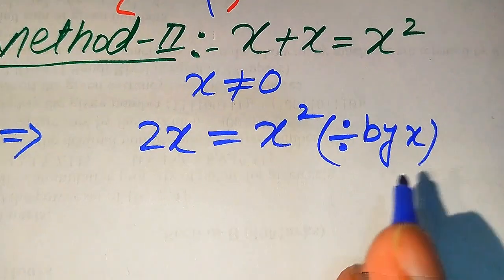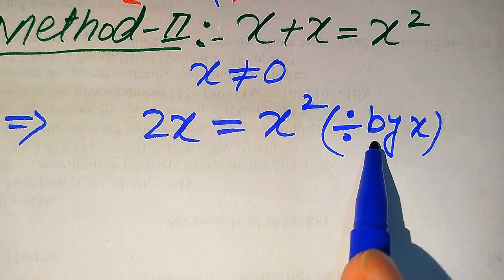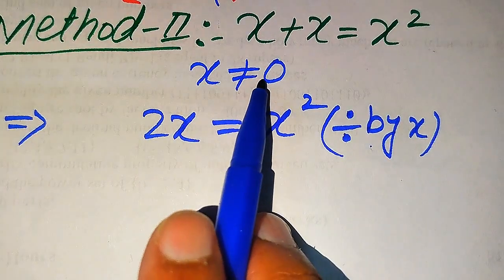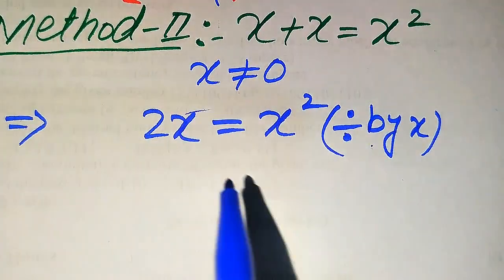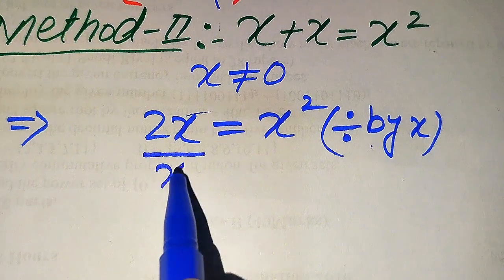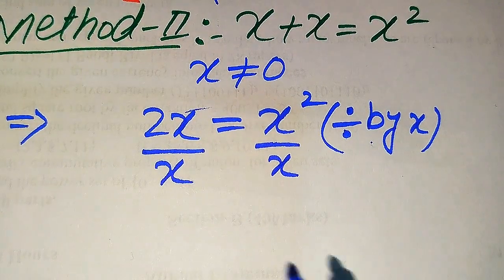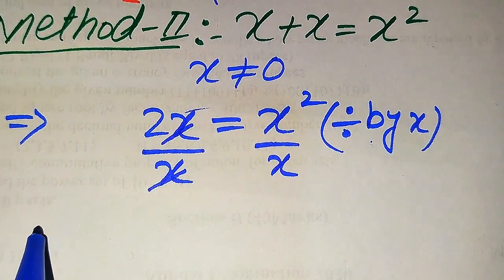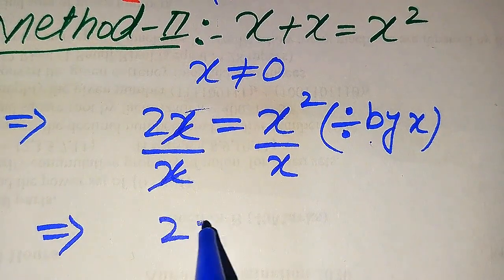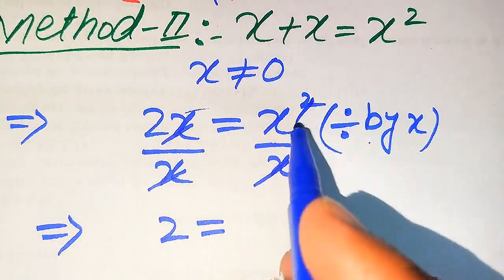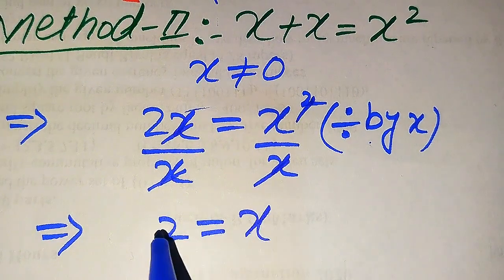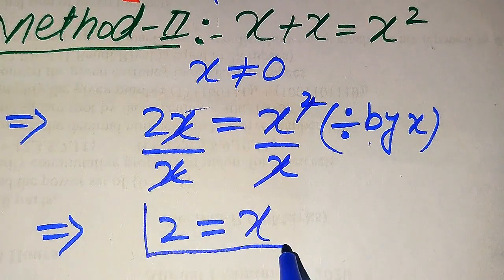But if x is equal to 0, then we cannot do this step, because we mentioned in the question statement that x is non-zero, so we are eligible to divide both sides by x. So this x is cancelled out by this x, and we get 2 is equal to x, that is x is equal to 2.